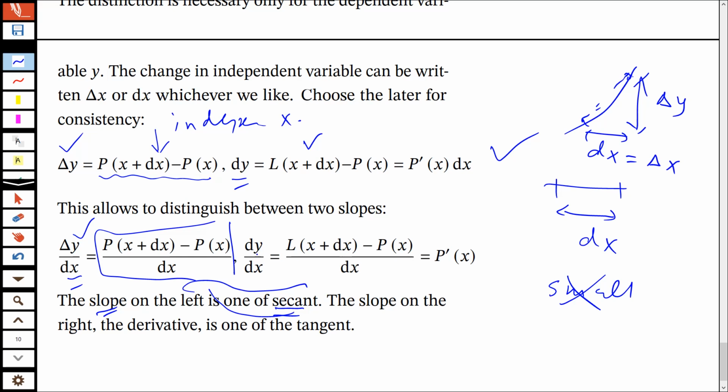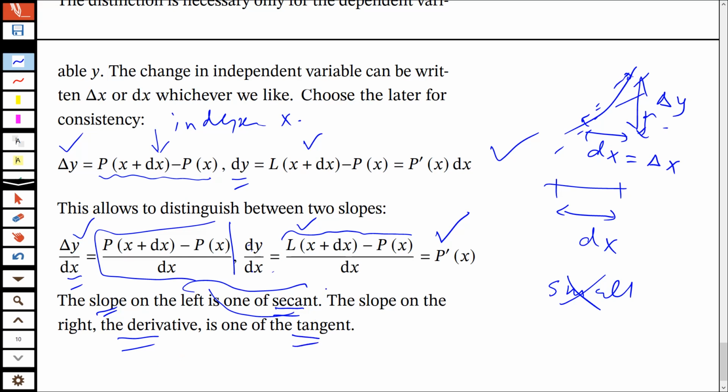But dy over dx, where dy is the change captured by the linear function, will directly give me the derivative of the function, which is actually the slope of the tangent.